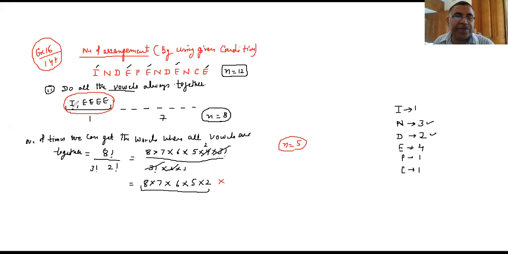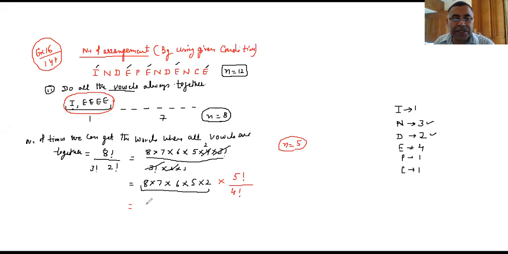This E can come first, I can go at the last, I can go to the second last, the third last, and so on. So we have to multiply it with 5 factorial. Why 5 factorial? Because there are 4 E and 1 I. 4 plus 1, 5. Divided by 4 factorial. Why? Because E is repeating 4 times in this letter.